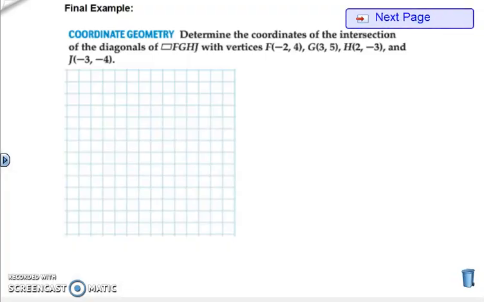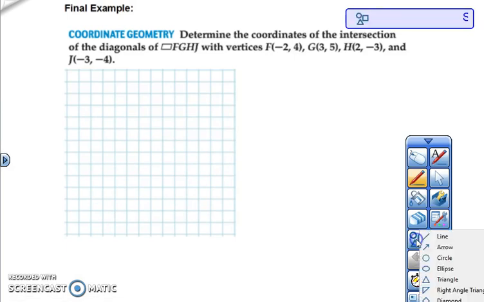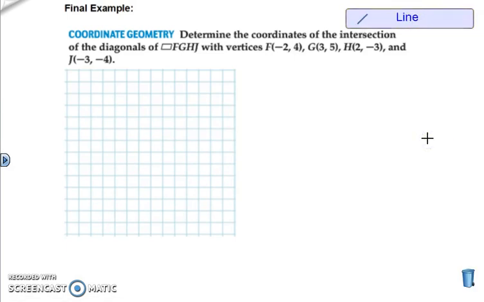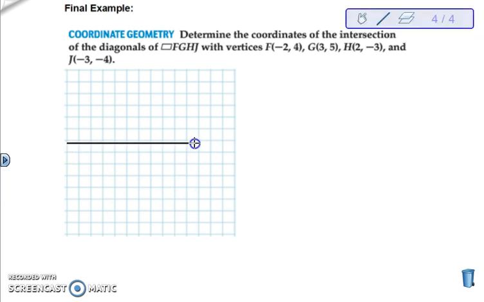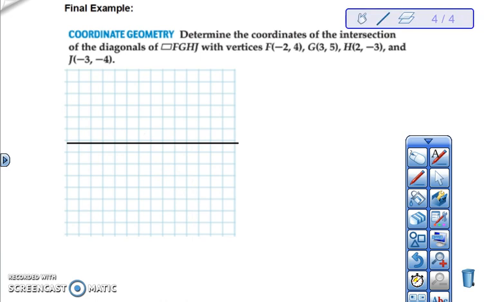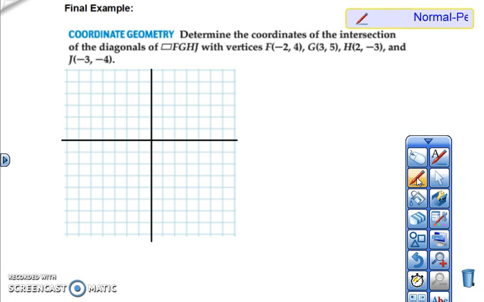All right, so the last thing we're going to look at is applying those properties to coordinates. So if we want to find the point of intersection of the two diagonals, right, we're going to need to plot the 4 points. F here.